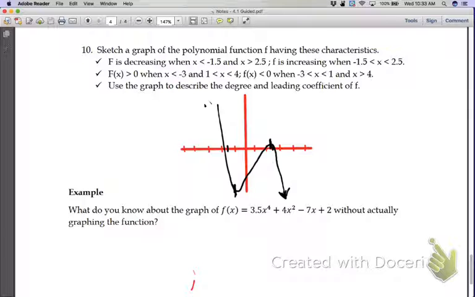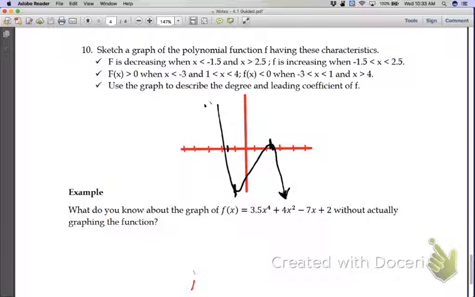Okay? What does it mean to be greater than 0? Where's it going to be at? Up here, right? In this area somewhere. What if it's less than 0? Where's it going to be at? Down here.